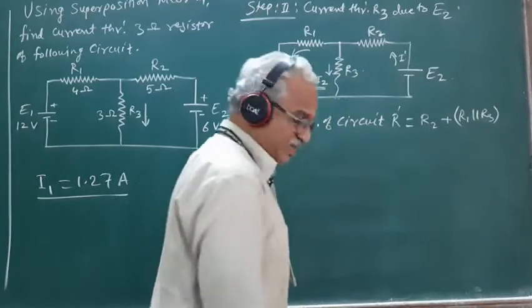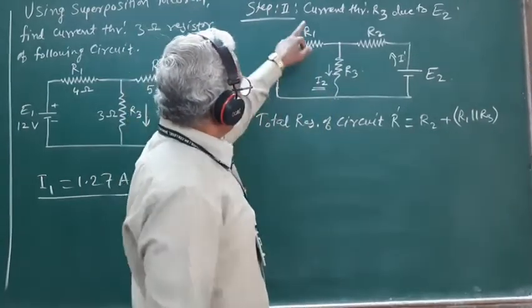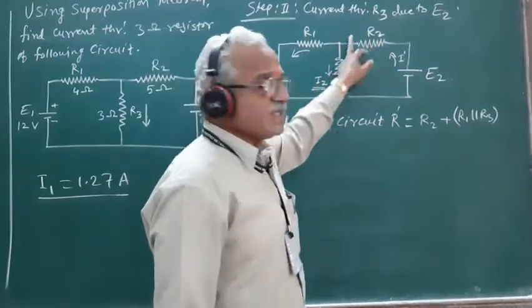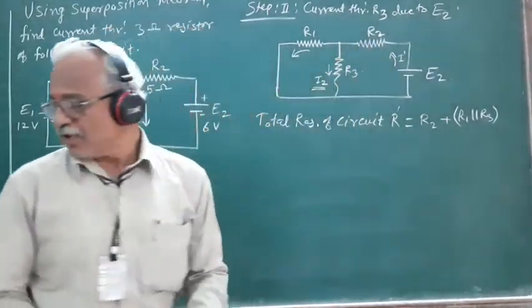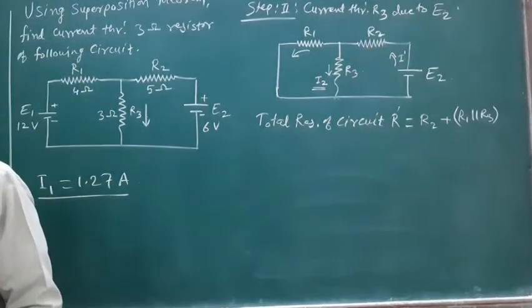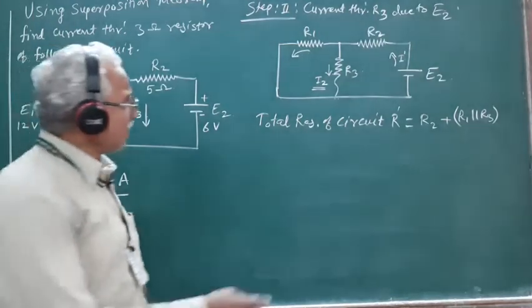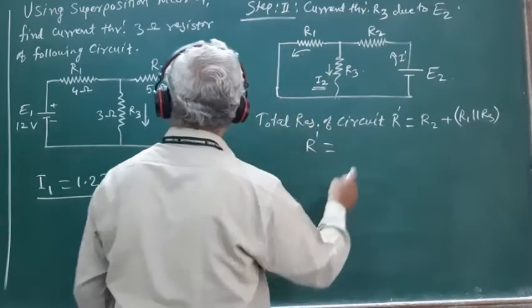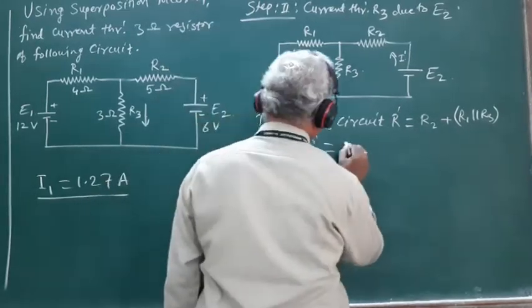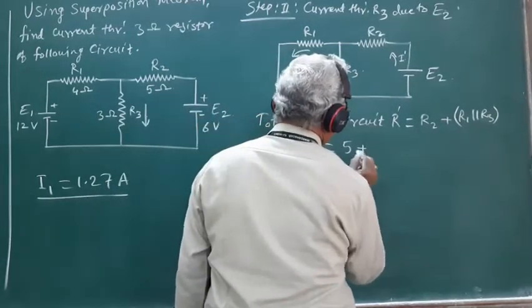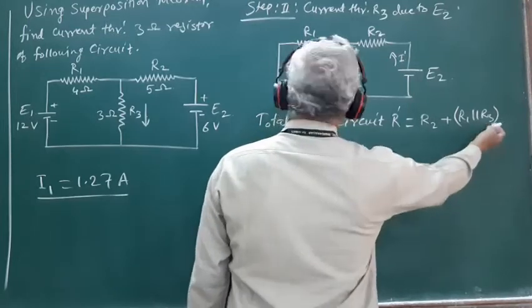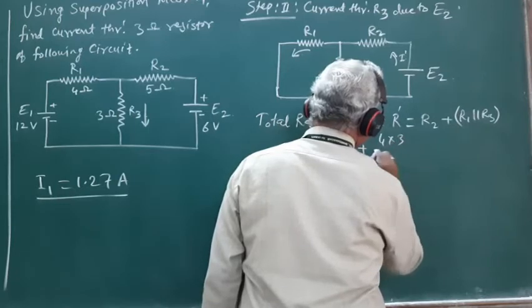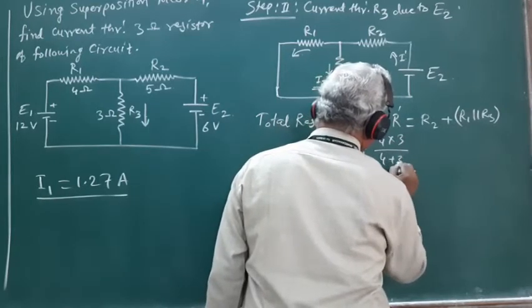Here what we observe is that the parallel combination of R1 and R3 is connected in series with the resistance R2. So substituting the values of R1, R2 and R3 here, we get R prime equal to R2 is 5 ohm plus R1 parallel R3 is 4 into 3 divided by 4 plus 3.